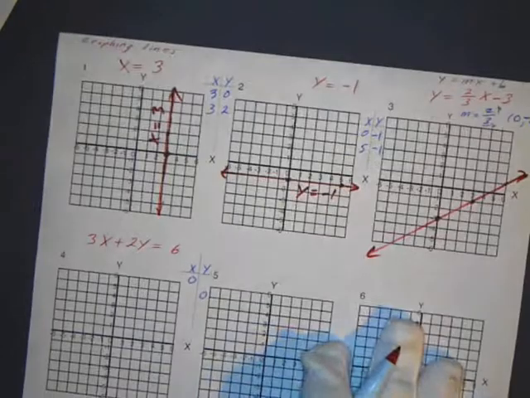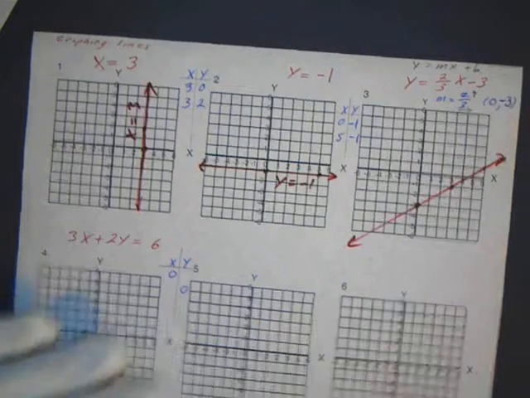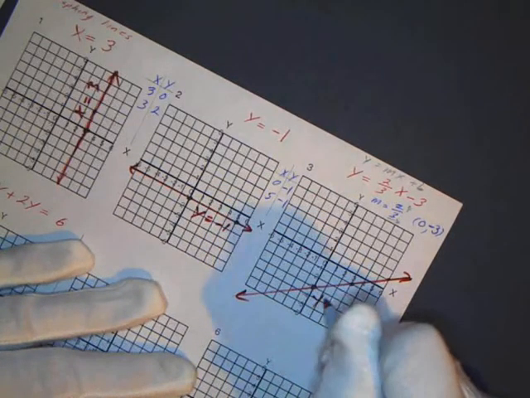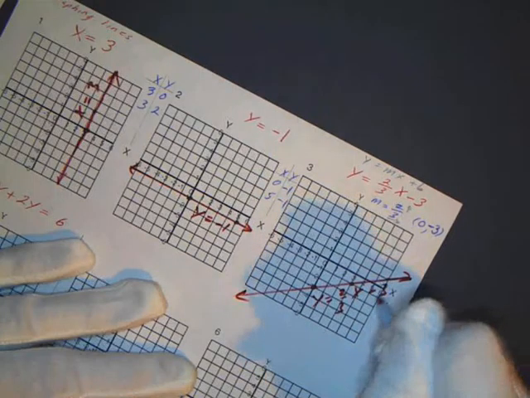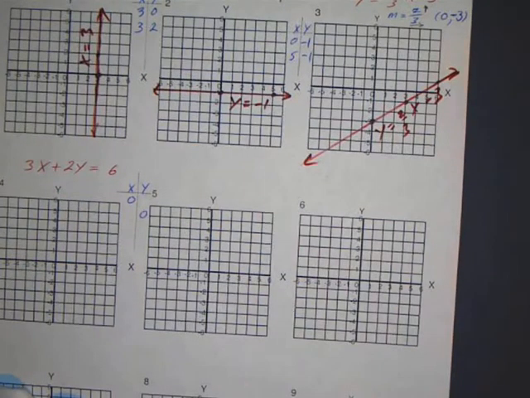So that's how we graph them if they are in slope-intercept form. And sometimes we ask you to label the lines.